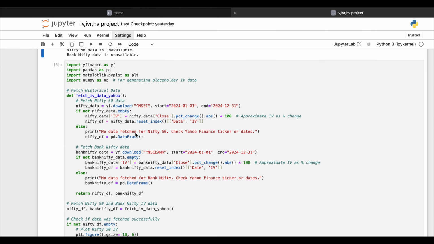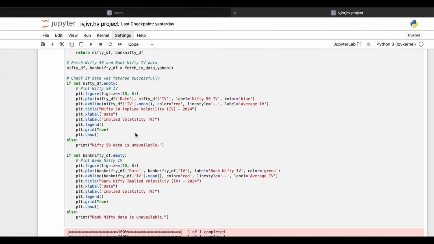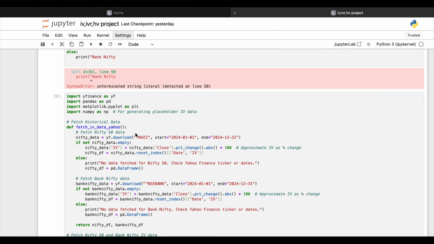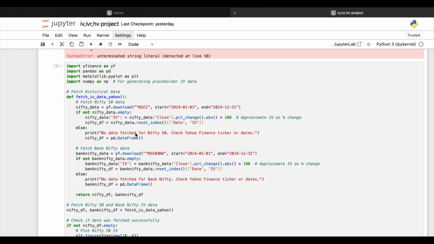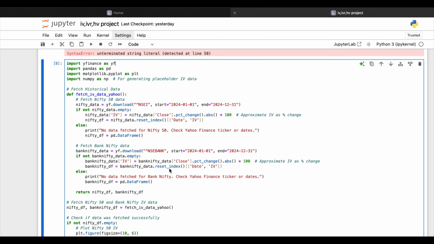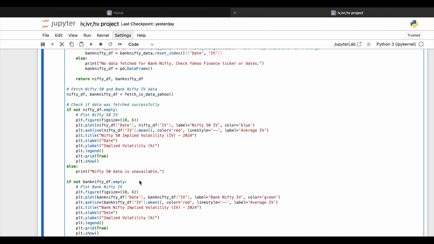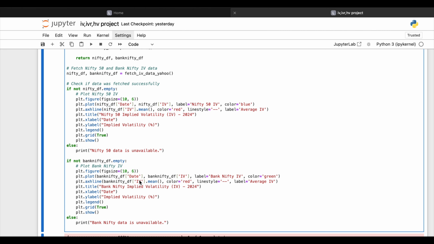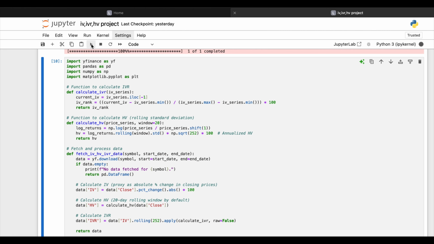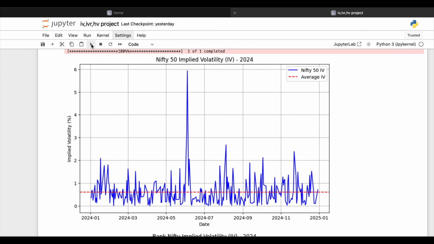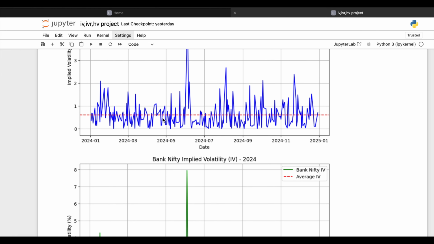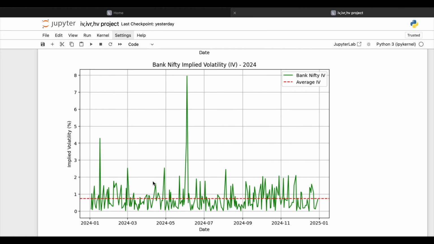Now, separately, I am going to find the Nifty and Bank Nifty IV. Correct? This is for the Nifty, Nifty IV. I have taken the code for Nifty and Bank Nifty both.